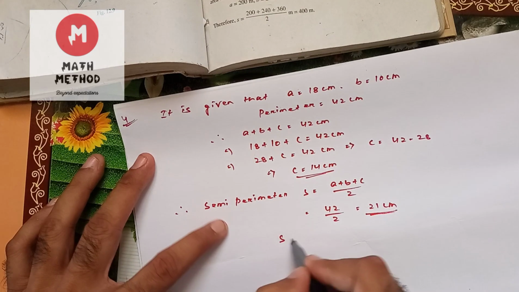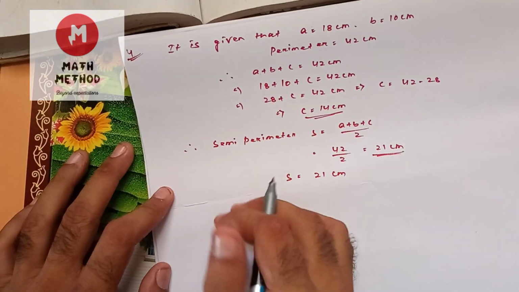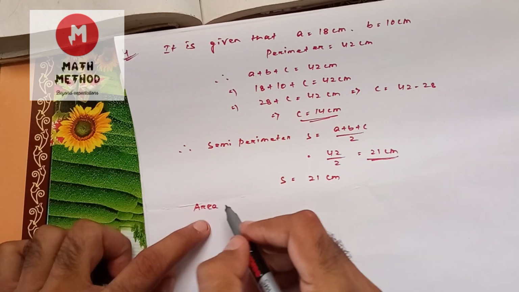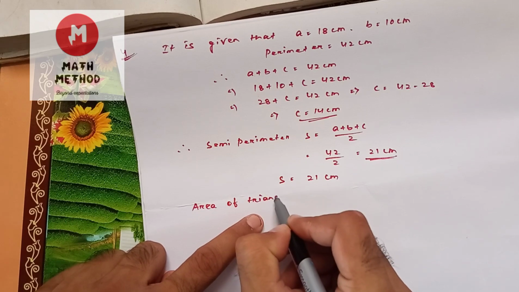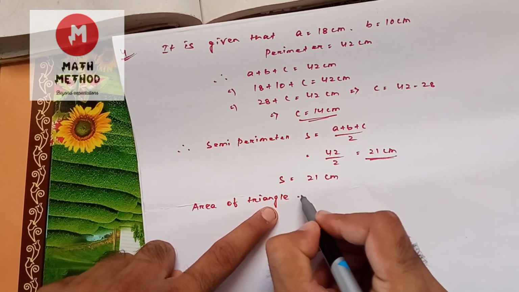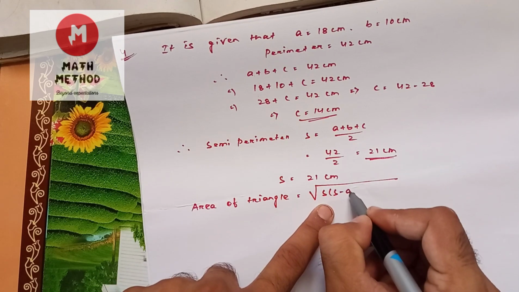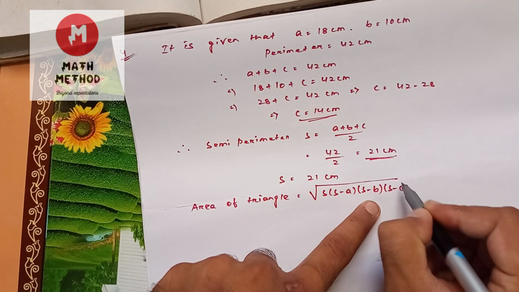Here S is equal to 21 cm. Now area of triangle is equal to root over S into S minus A into S minus B into S minus C.